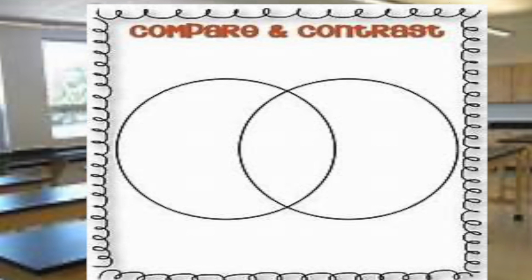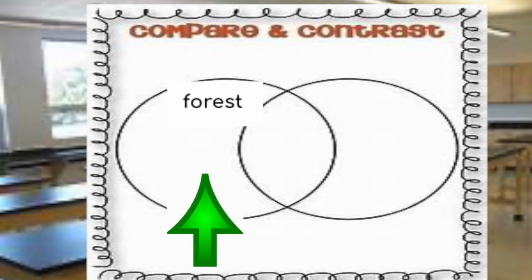We can use a graphic organizer to keep track of our thoughts. Look at this organizer. Do you know what shape these are? That's right. There are 2 circles. Do you see how the middle of the circles come together? Over in this circle, we are going to put characteristics of the forest.